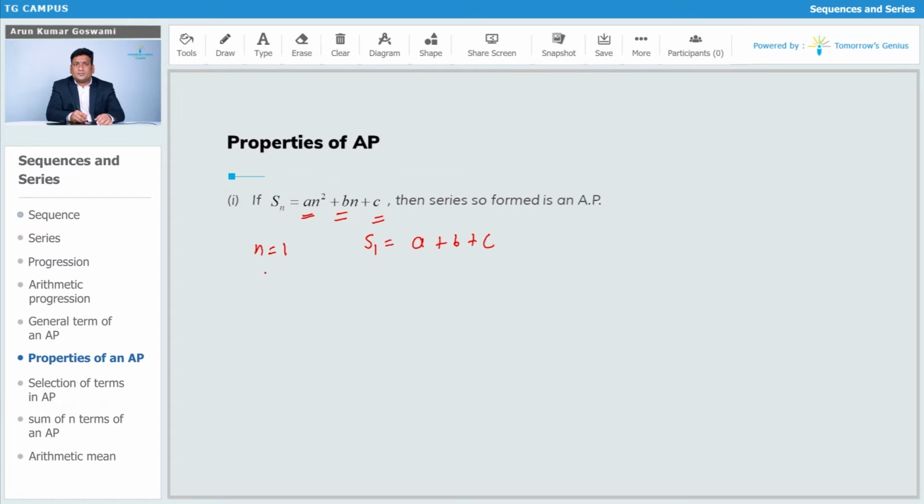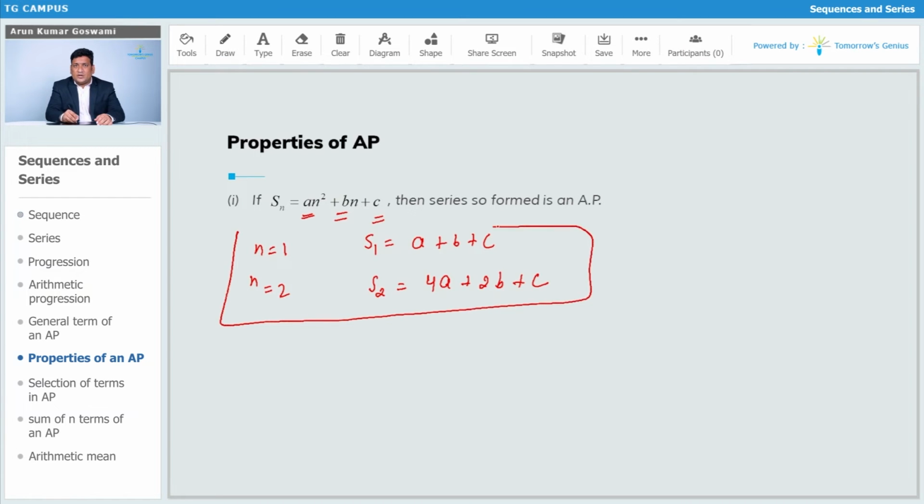Now n equal to 2, so S2 will be 4a plus 2b plus c. This is what my Sn is. So I'm getting S1, S2. We don't have to put other values. We know that Sn minus Sn minus 1 will be nothing but an. So you can do that part also.